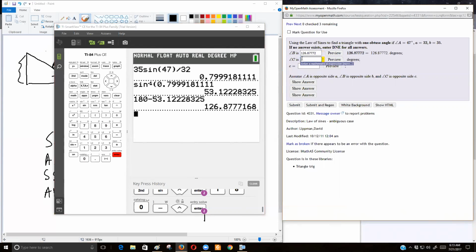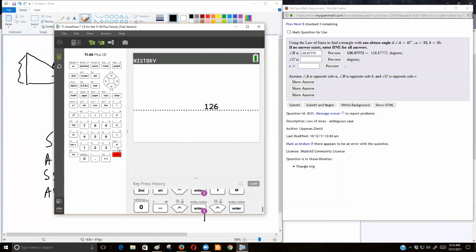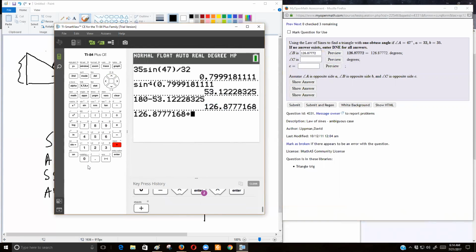And then just to check that I've got this right, I'm going to take that answer plus 47. That's the two angles. Now to find the third, I'm just going to subtract that from 180.